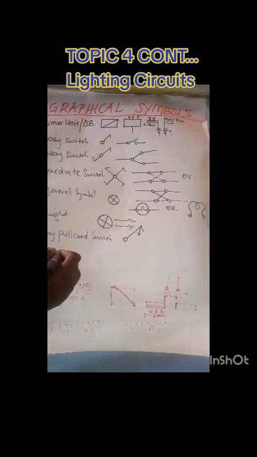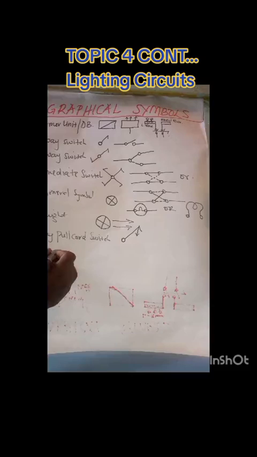So we also have what we call a one-way switch with pilot lamp. These are types of switches that have a glow lamp. They have some neon on their plate.